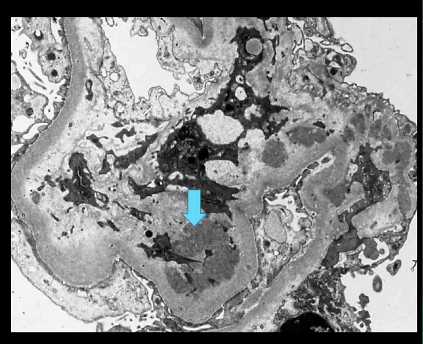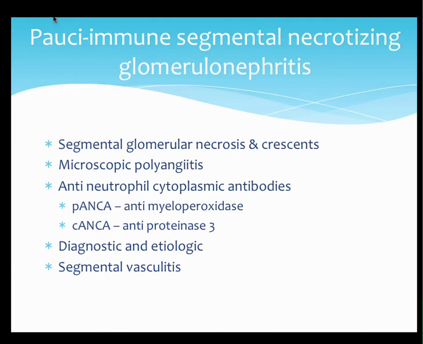The blue arrow points to a large electron-dense deposit which contains the abnormal IgA. This electron-dense deposit is adjacent to the basement membrane which surrounds the mesangium, and this is a characteristic location for the immune complexes in IgA glomerulopathy. So this particular picture would be very suggestive of IgA glomerulopathy.